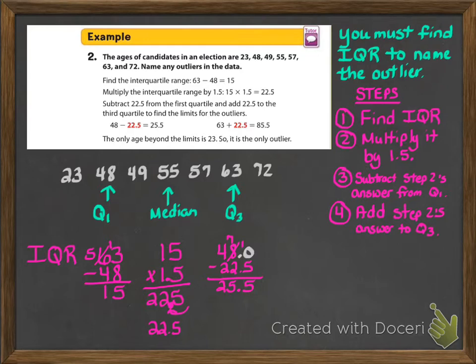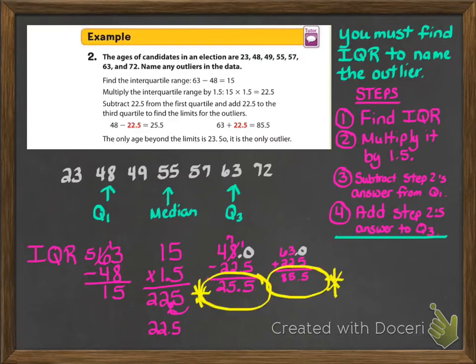Step 2 was where you took your IQR and multiplied it by that 1.5. So what you're doing now is you're going to take quartile 3 and add 22.5 to that. Notice that I added a decimal and a 0 there, and I got 85.5. So now I've done my 4 steps. So this is all the work that you're going to have to do just to find the outliers. And we're not even done yet, but this next part's kind of easy.